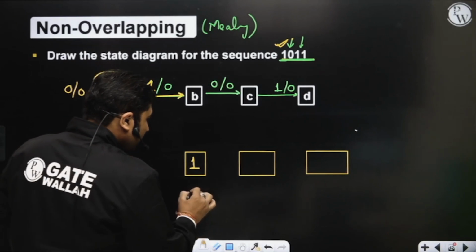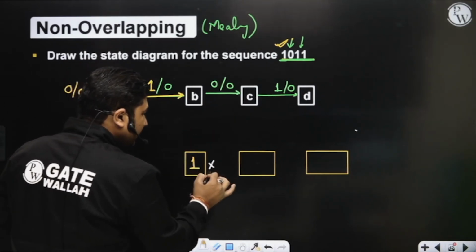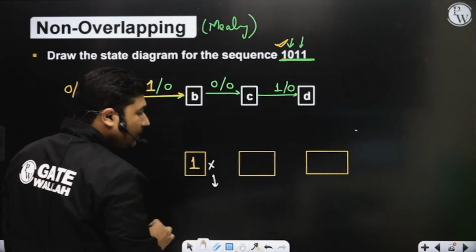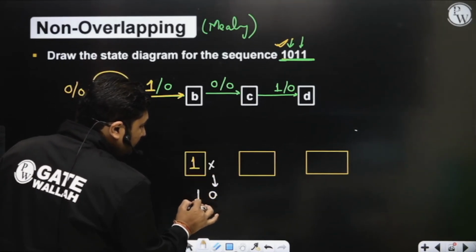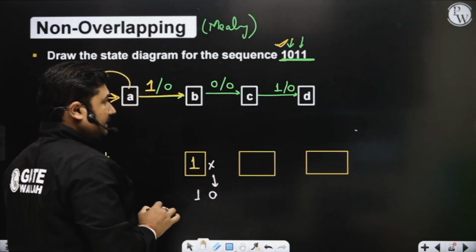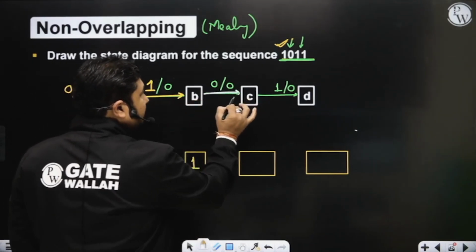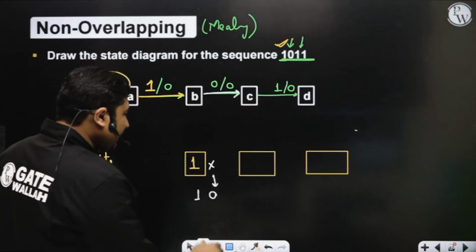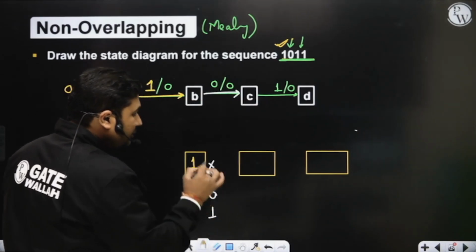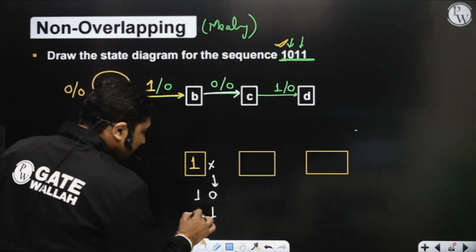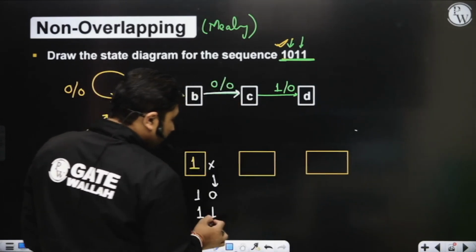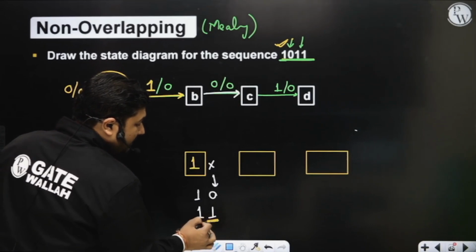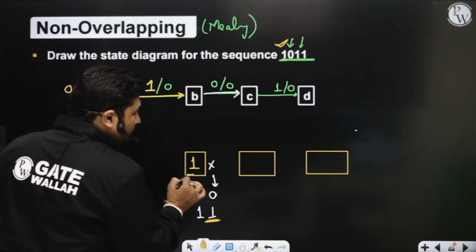Now, from B, you can apply the input x as 0 or 1. If you apply 0, it means you have 2 bits detected, so you will move to the next state. But if x equals 1 comes, then you need to compare the last 1 bit with the 1 bit position.